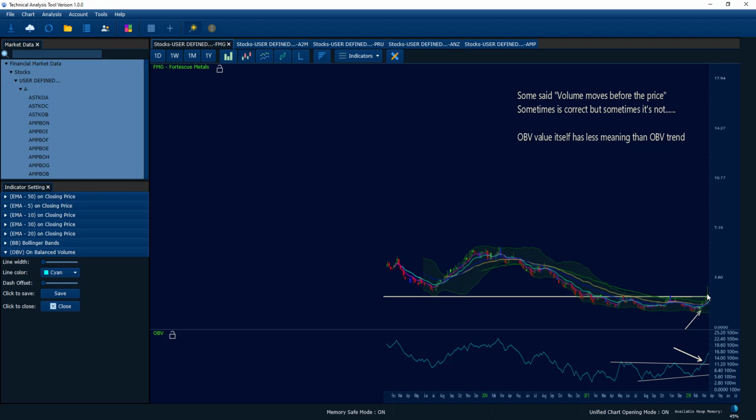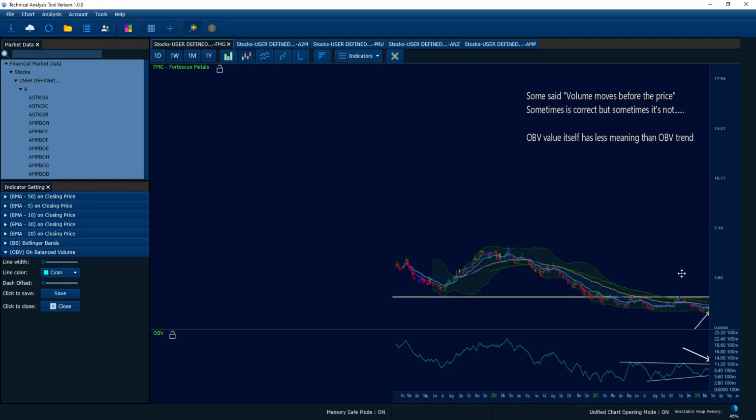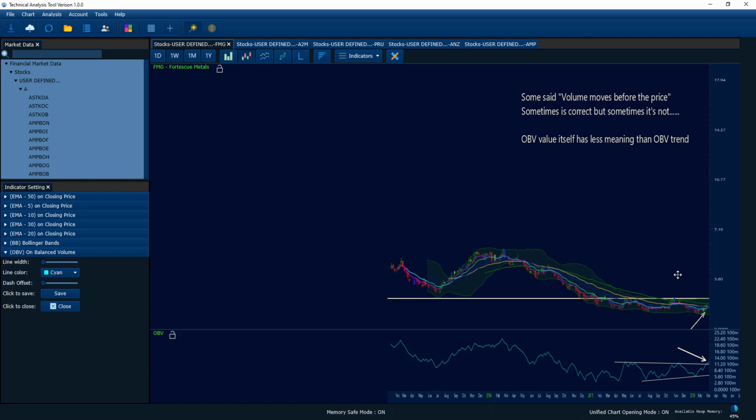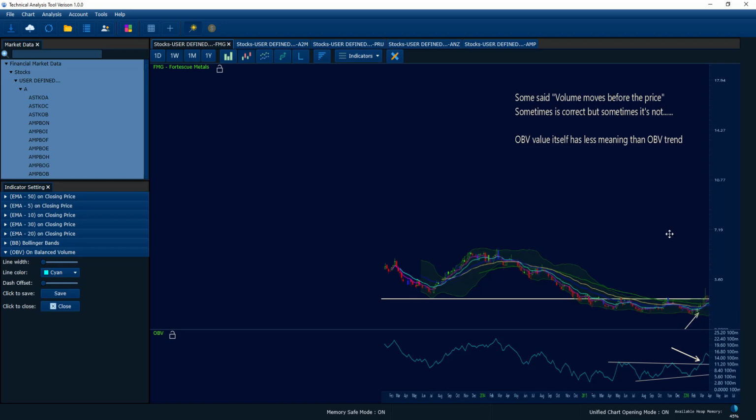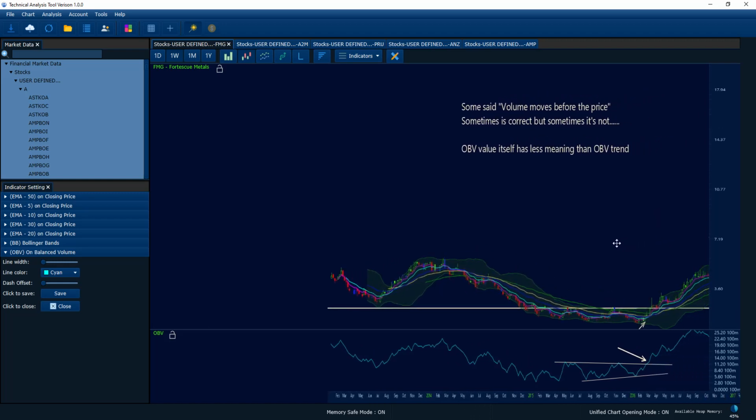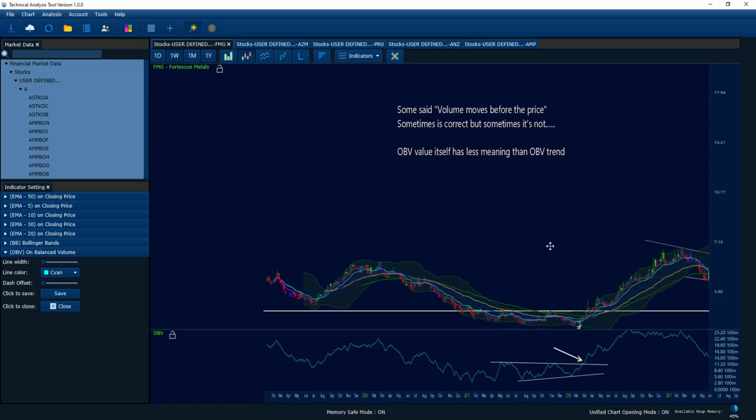Okay, as you can see, you probably can buy here, but the OBV does give some early signal when it breaks out from that OBV pattern. So that's probably true. In this particular case, the volume moves before the price. Okay, but sometimes it's not. As you can see, the price moves up, right?